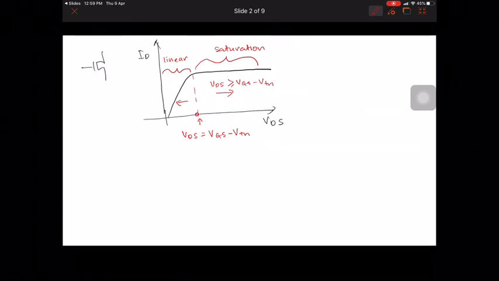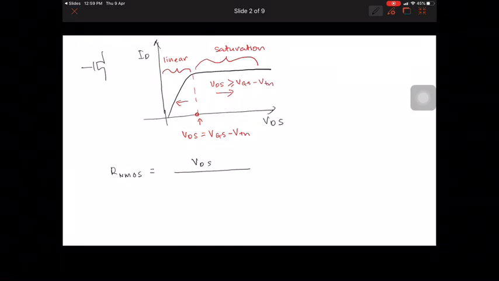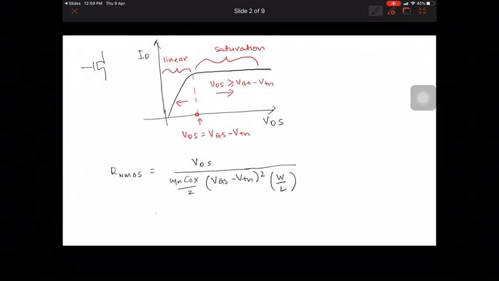So we want to replace the equation just now, which was R NMOS equals VDS over mu n COX over 2 (VGS minus VTN) squared W over L. We want to put it at this point. So now we can replace VDS with VGS minus VTN.